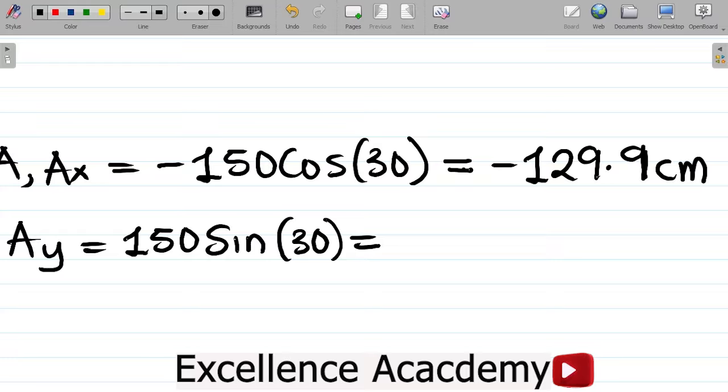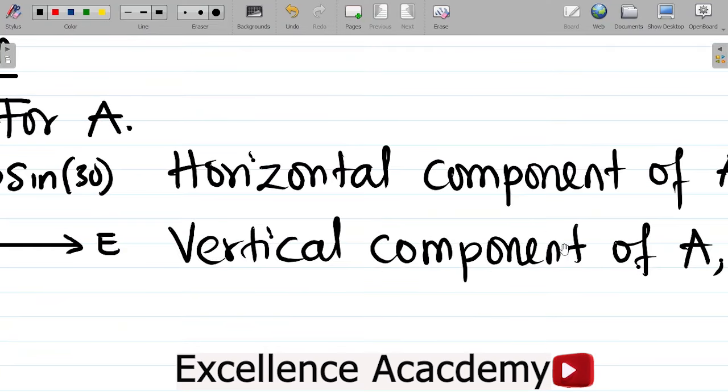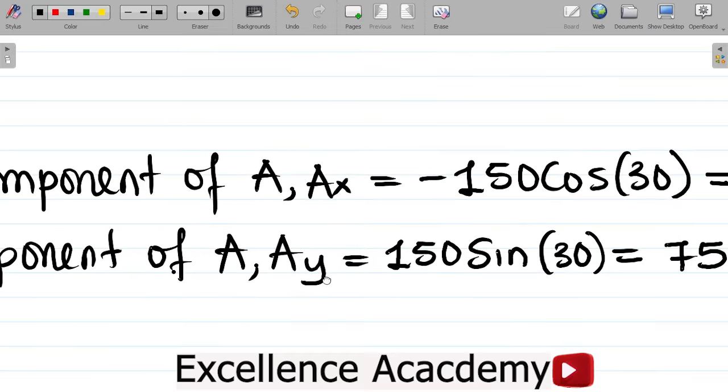We've gotten the horizontal component as minus 129.9 centimeters. Let's get the vertical component, 150 sine of 30, and that's about 75. Expressing this as one decimal place becomes 75.0 centimeters. So with this, we've plotted A as well as gotten the horizontal and vertical components of A.